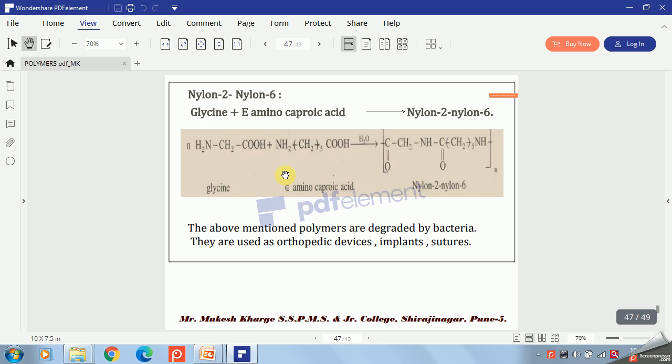Then the third type is when glycine and epsilon amino caproic acid combine by addition of water, they give nylon 2-nylon 6 type of polymer. All these above three mentioned polymers can be degraded by bacteria, and that's why they are used in orthopedic devices, implants and sutures.